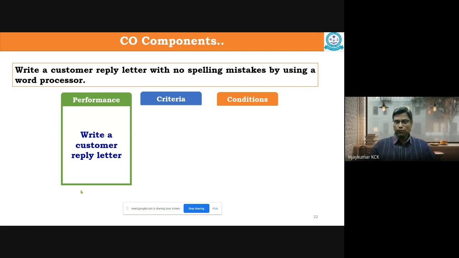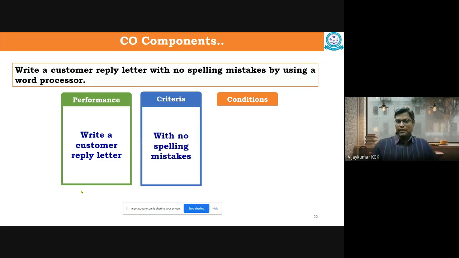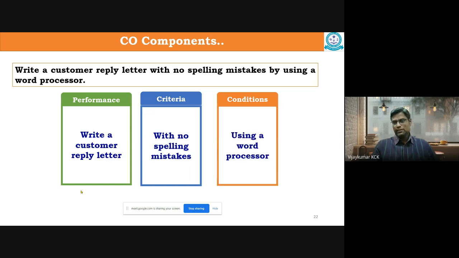That is the performance expected after attending the sessions, right? So performance is writing the letter. Next, criteria is no spelling mistakes. That is the second point regarding the learning ability of the student in this particular case. The condition is using the word processor.